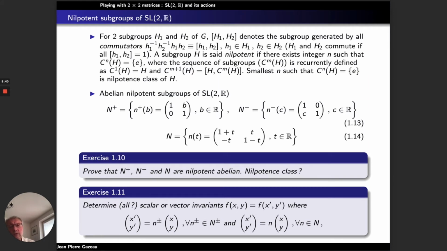So now I go to the notion of nilpotent subgroups of SL2R.